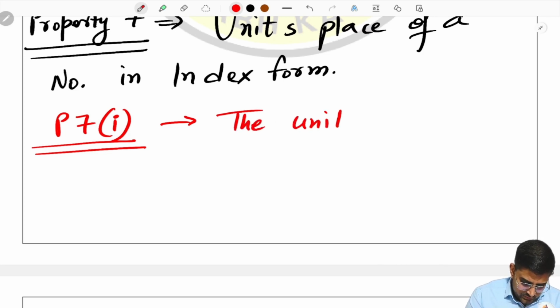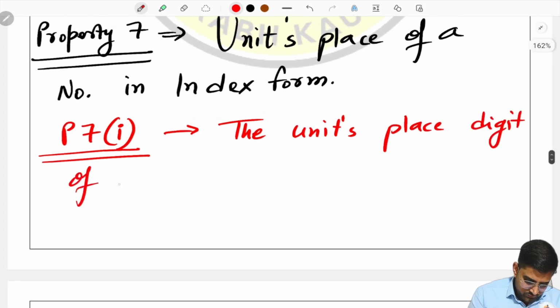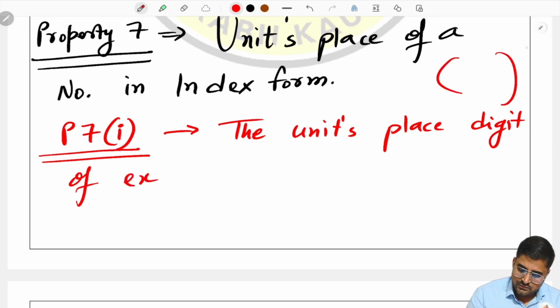The units place digit of exponential. Exponential is this one, this thing.